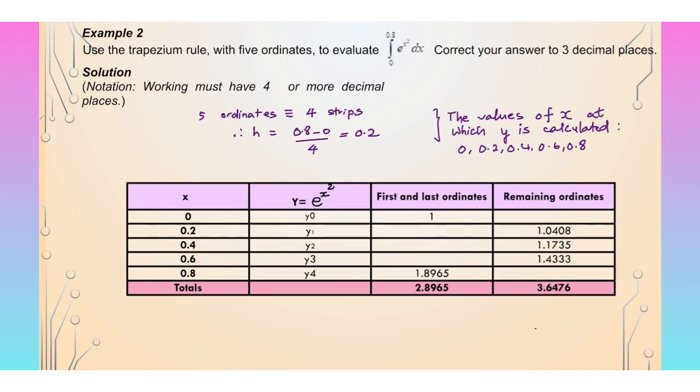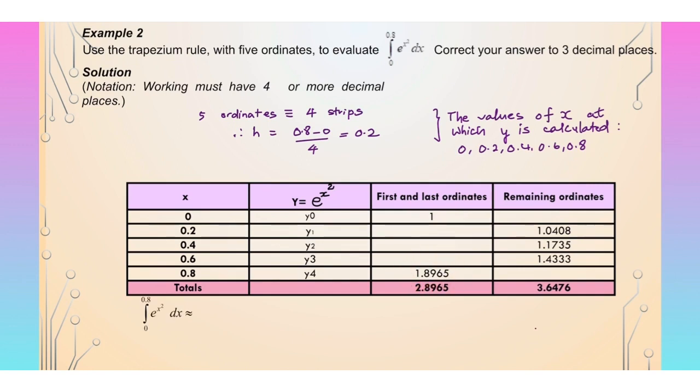So e power 0.4 squared, then we have 1.1735. And when x is 0.6, we have y3. This is 1.4333. Then after this, we add these together, and it becomes 3.6476. And this column total is 2.8965 when we add 1 plus this value.